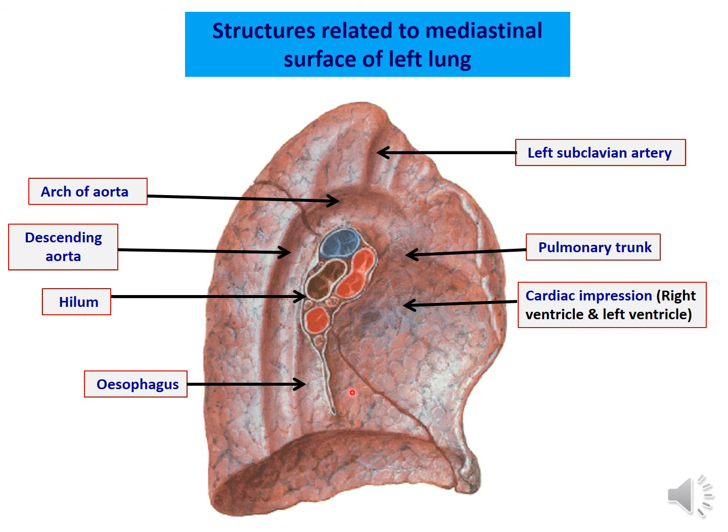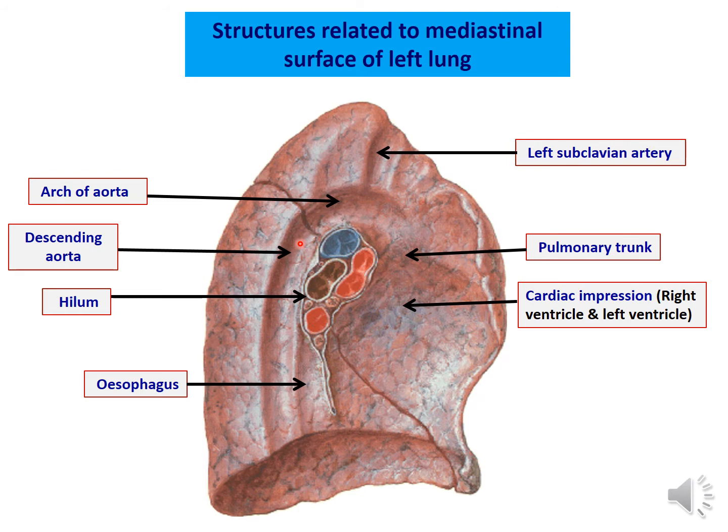What are the structures related to the mediastinal surface of the left lung? So here you can see this is the left lung. Here also you can see an impression of the hilum in the posterior part with the structures of the root of the lung. Behind the hilum you can see the impression for the descending thoracic aorta.